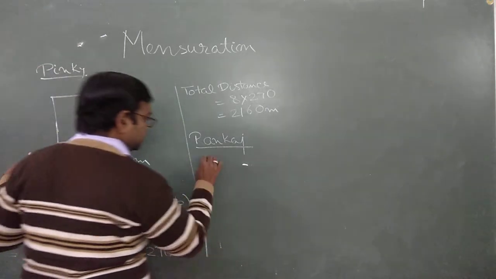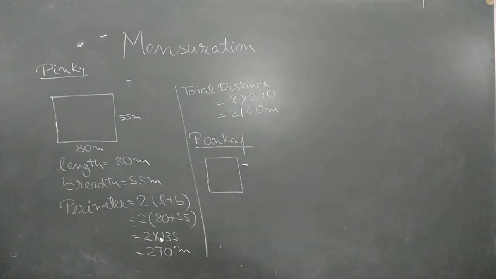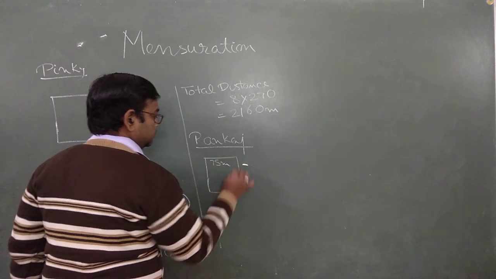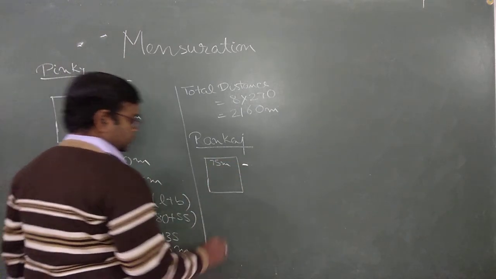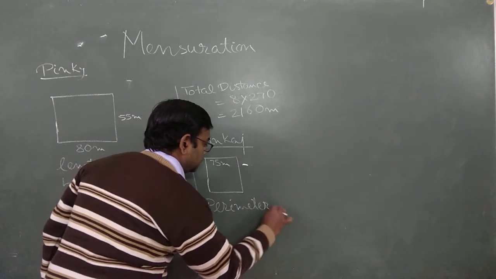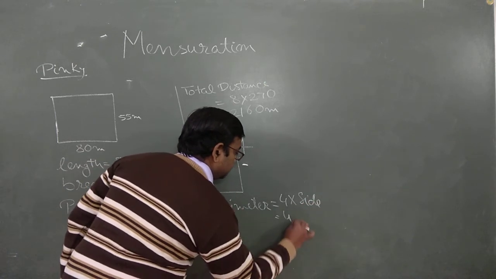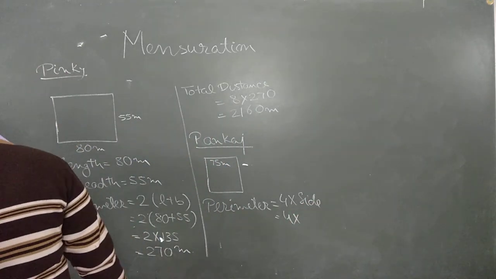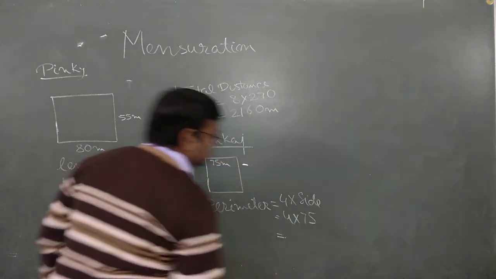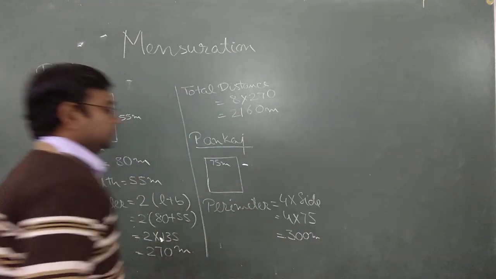We use the same thing. First we draw a square. Clear? And having side 75 meter. Clear? So perimeter equals to 4 into side, which is 4 into 75. It's 300 meter.